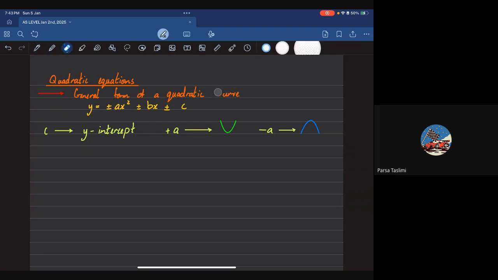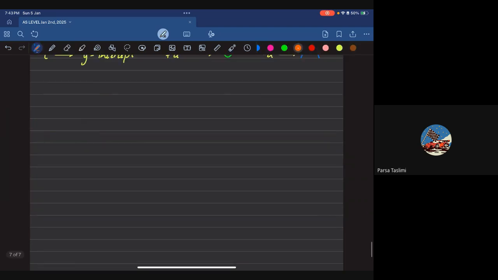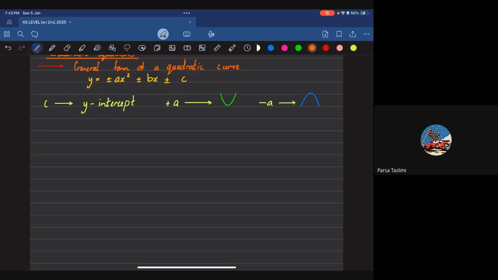Now, if you want to find the x-intercepts, what is going to be the case?